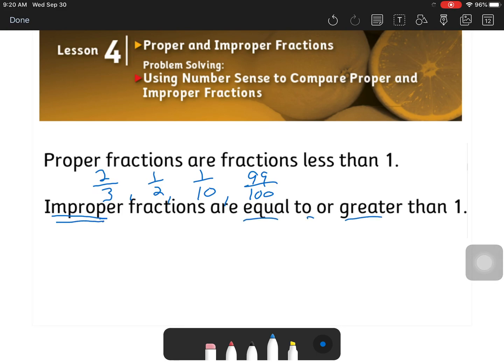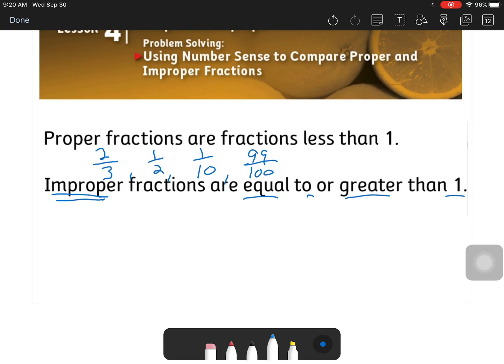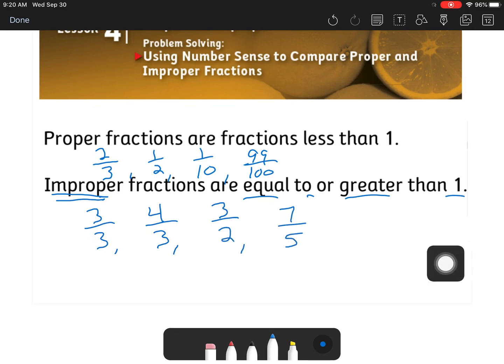Now improper fractions are equal to or greater than 1. What that means is either the top and bottom numbers can be the same, like 3/3, or the top number has to be bigger than the bottom number. I'm going to give a bunch of examples of improper fractions. As long as the top number is either equal to the bottom number, which is equal to 1, or the top number is bigger than the bottom number, these are all improper fractions.